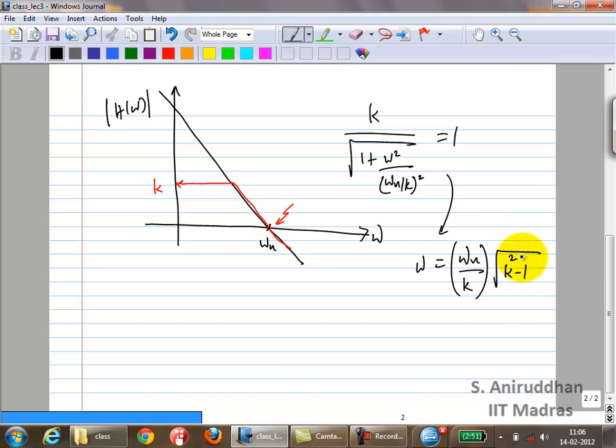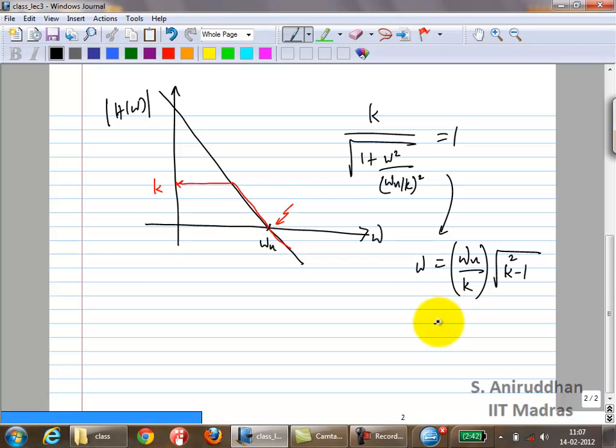K squared minus 1, correct? Is this right? So this happens actually not at omega u over k. The closed loop actually crosses the x-axis, that is has a gain of 1 or 0 dB at omega u over k times root of k squared minus 1.